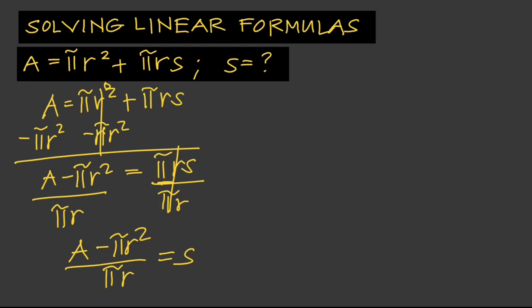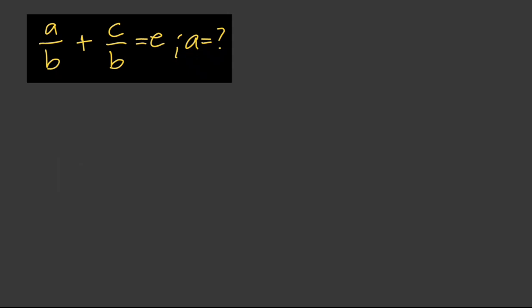So let's try another problem here. So what if we're given a over b plus c over b equals e? Then we solve for a. So how are we going to do that? First thing we do is to clear the fraction, we use here the LCD, which is b. Okay, we can just simply add the numerators because the denominators are just the same.